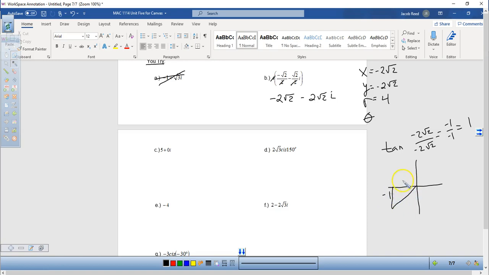This is negative 1, this is negative 1. So that means this angle right here is what I'm looking for. That's 225 degrees. Okay. So that means that my answer is, I already know r is 4, so 4 cosine 225 degrees plus i sine 225 degrees.